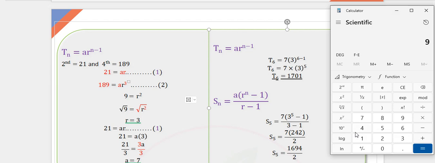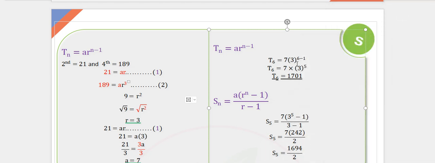I want to show you step by step how I am answering this so that you do not get lost. 3 to the power 5 is the same as saying 3 times 3 times 3 times 3 times 3. Once you get the answer, you multiply it with this 7, which gives you 1701. Just like that, that's the sixth term.